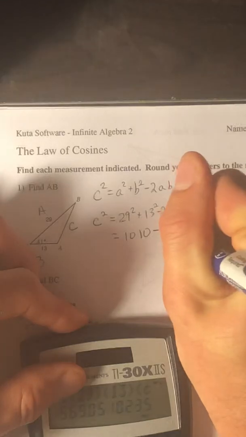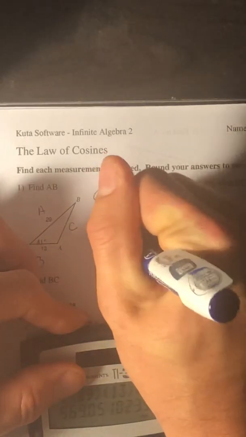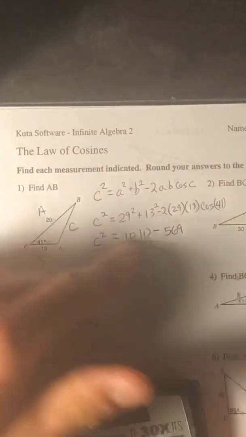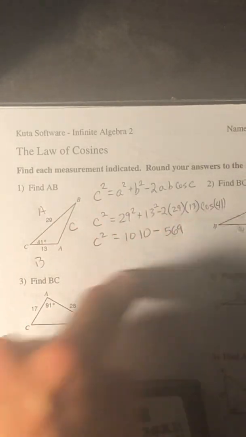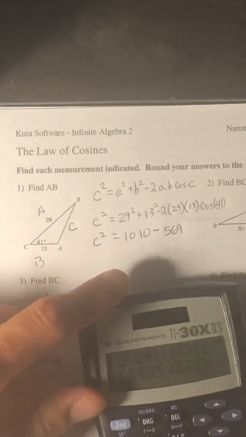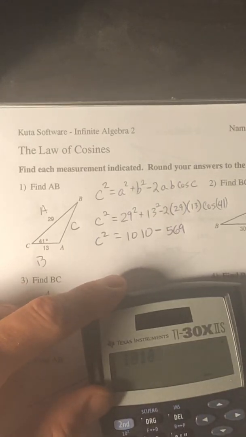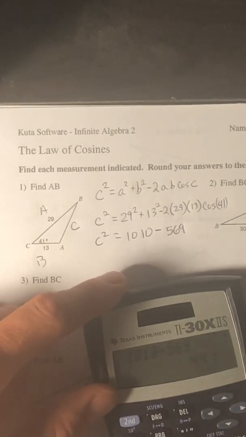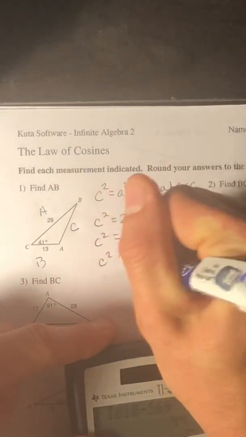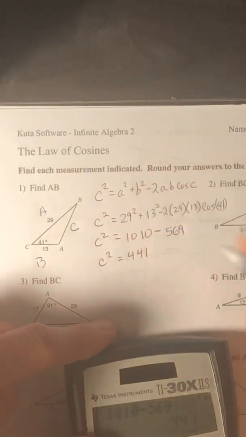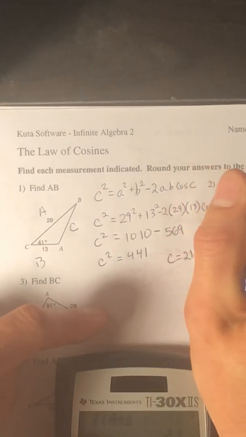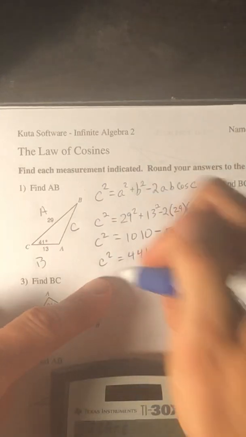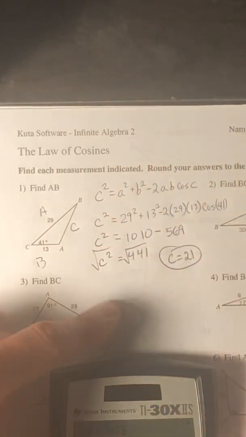I just did two parts: I did these two, and then I did all this. So c squared is equal to 441. I think that might be a square root, 21, so c is equal to 21. And that was just take the square root of it.